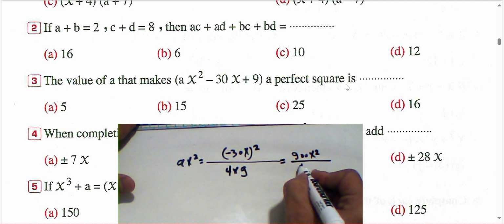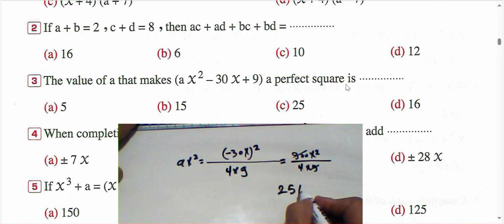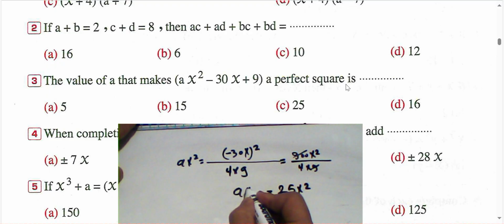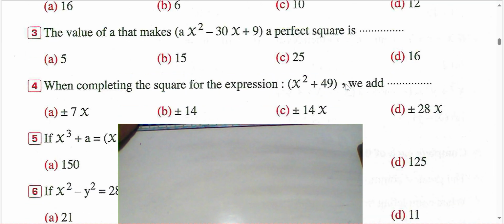4 times 9 is 36. 900 divided by 36, equal 25. Then we have 25x power 2 equal ax power 2. Then a here equal 25. Next question.